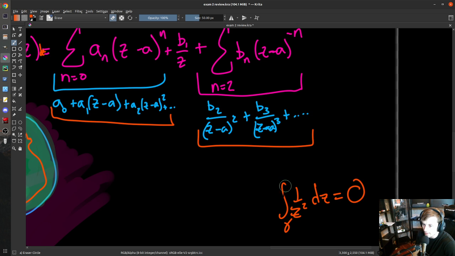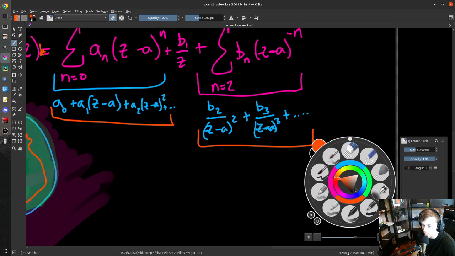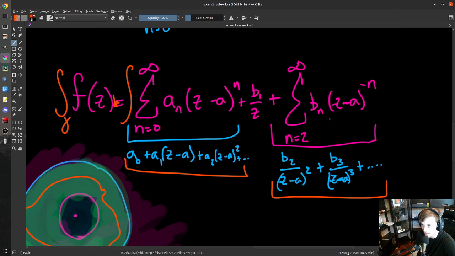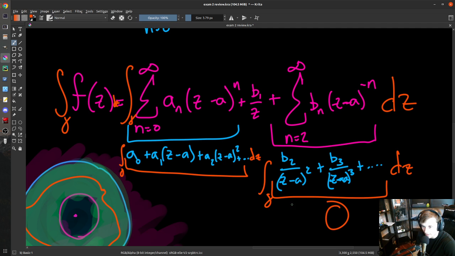So by that path independence lemma, when I integrate this whole thing dz around gamma, all these other pieces give me 0. It is this piece right here that matters. That is, I'm integrating b1 over z dz on some gamma here.